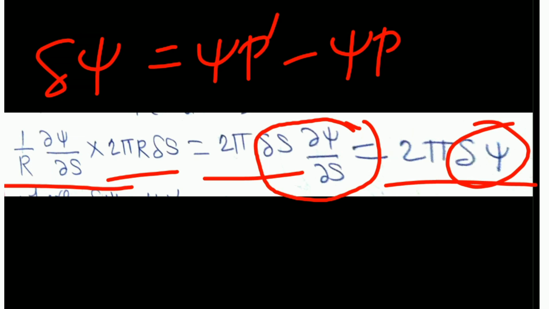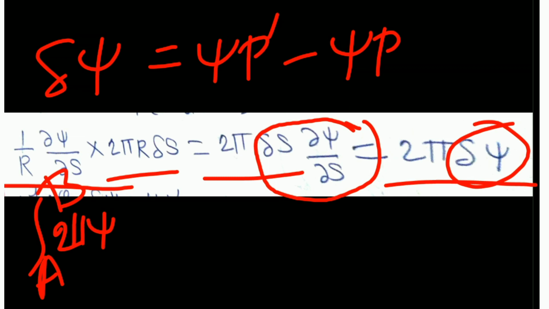Hence the total volume of fluid crossing the surface of revolution of the arc AB about OZ per unit time from right to left is the integration over A to B of 2 pi d psi.